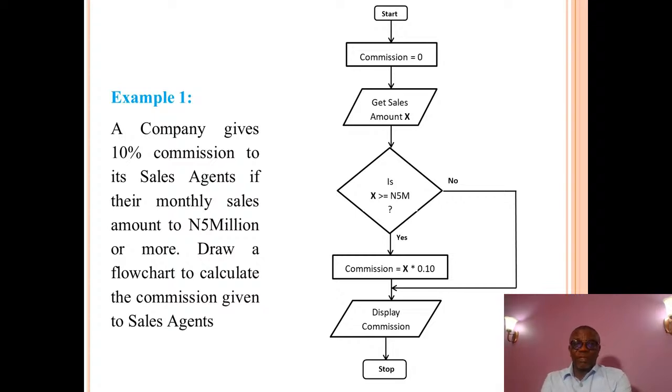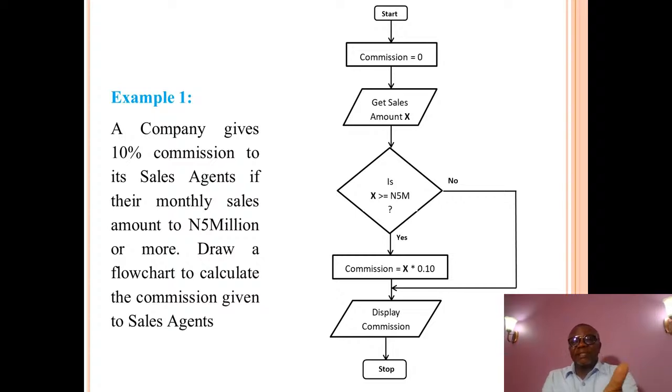Commission equals X, that is the amount you got from the input, multiplied by 10%, which is 0.10. Then you display the commission.